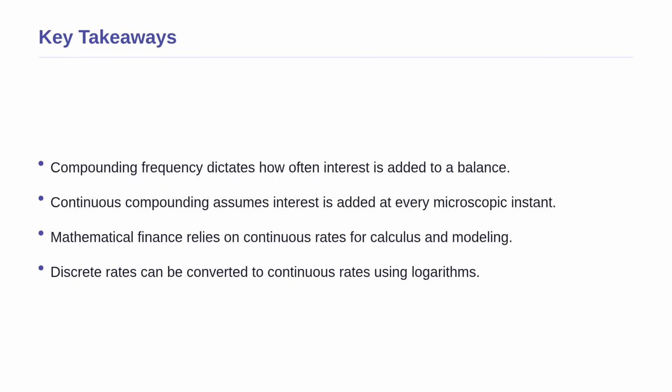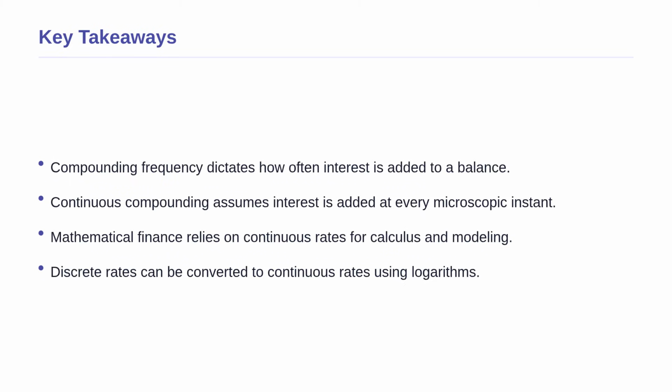We have covered a lot of ground today, so let us reinforce the most important ideas. First, measuring interest rates is all about defining the compounding frequency: how often interest is calculated and added to your balance. Second, while real-world banks use discrete frequencies like monthly or annually, mathematical finance relies on continuous compounding for its mathematical elegance and smooth curves.